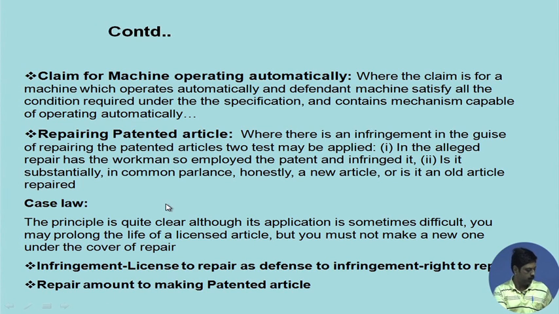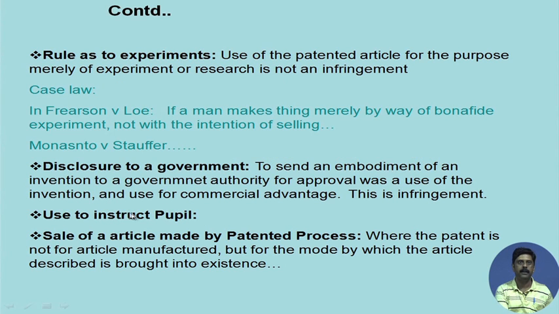So you are getting the idea of the different ways direct or indirect infringement may happen. Exceptions have been provided with reference to different ways, sometimes called research exceptions, for instance disclosure to a government, sending an embodiment of an invention to a government authority for approval for use, like clinical trial related issues.